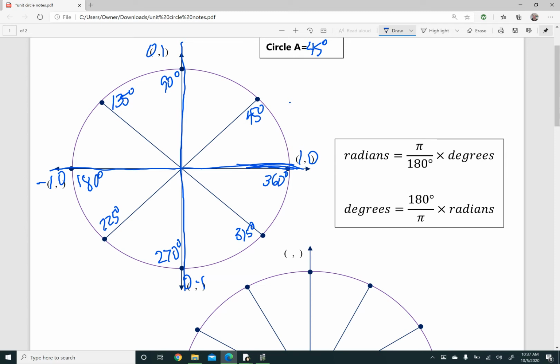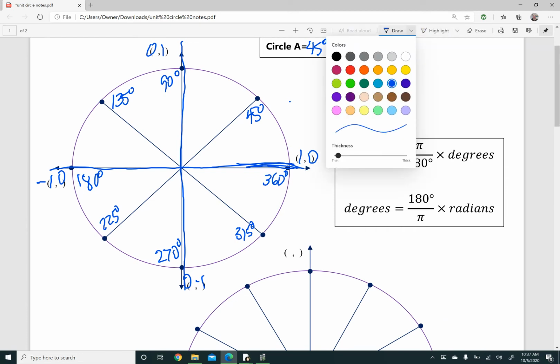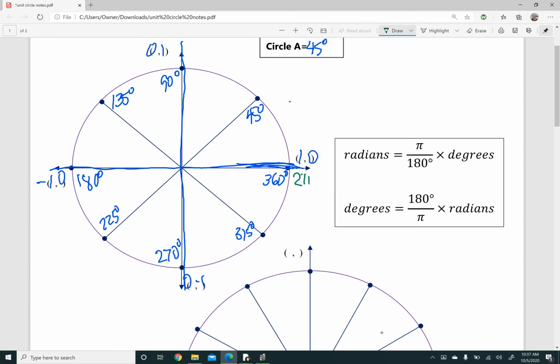Now, life would be good if we could stay in degrees, but we also have to do what's called radians. And so in radians, that's when we have to deal with pies. And so a whole circle is 2 pi.